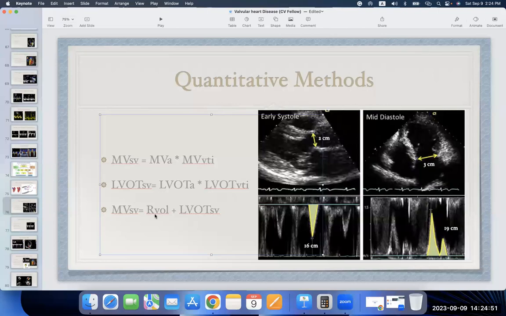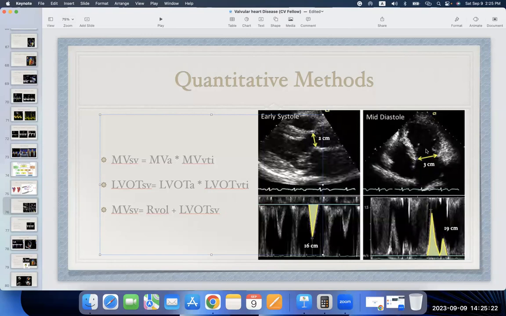One important point, and this always happens when the echo tech gets the images for us: they will take the pulse wave at the tip of the mitral valve. If they do that, you can use it to evaluate the diastolic function, but you cannot use it to quantify the stroke volume across the mitral annulus.